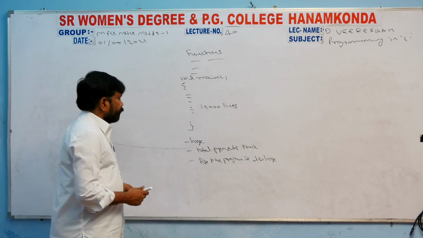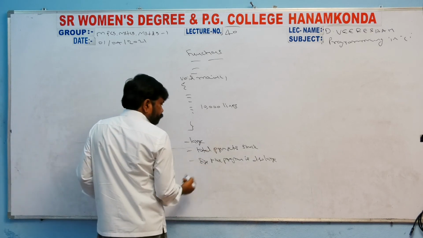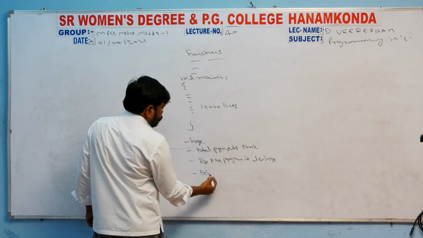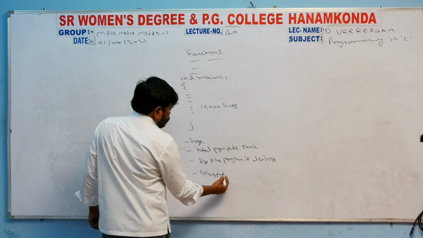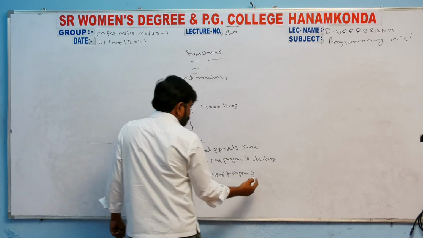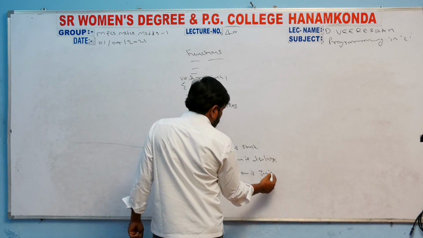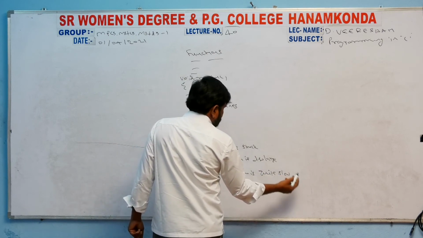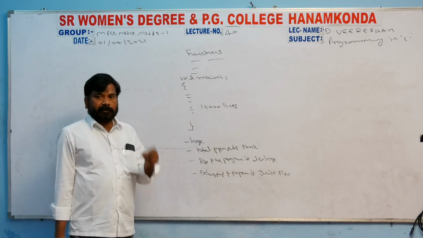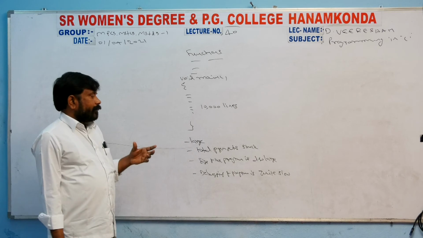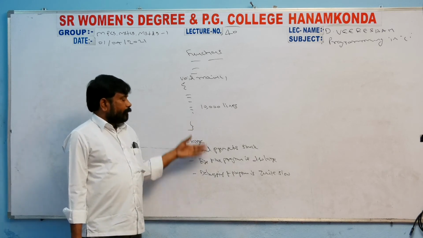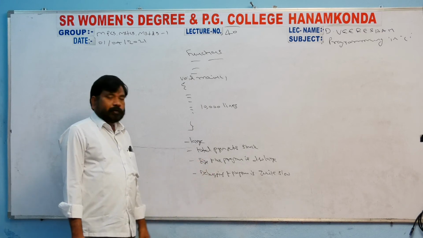Okay. So then after that, debugging a program is quite slow. Because of 10,000 lines, if you get any error, to rectify it and control it, the debugging of the program becomes quite slow.